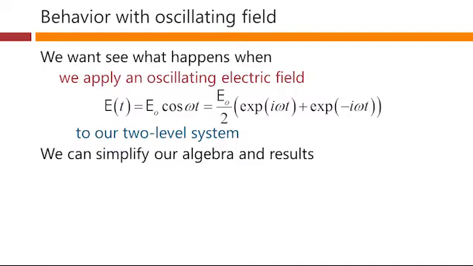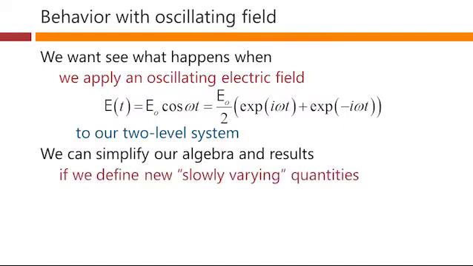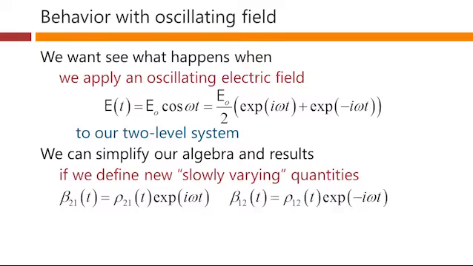We can simplify our algebra and the results somewhat if we define new what we can call slowly varying quantities. This beta 21 of t is rho 21 of t times e to the plus i omega t, and beta 12 of t is rho 12 of t times the exponential of minus i omega t.